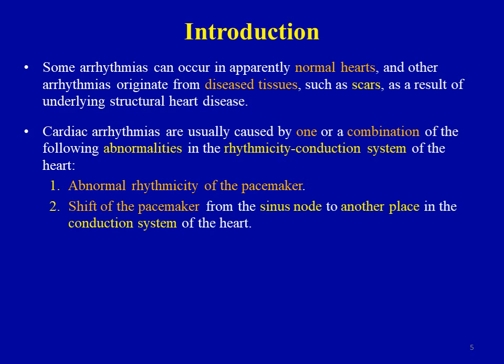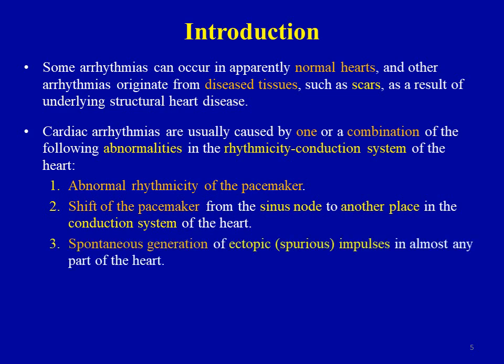Another example of an abnormality that can lead to arrhythmia is a shift of the pacemaker from the sinus node, or the SA node, which is the natural pacemaker of the heart, to another place in the conduction system of the heart. For example, the AV node will become the pacemaker, or the bundle branches or the Purkinje fibers.